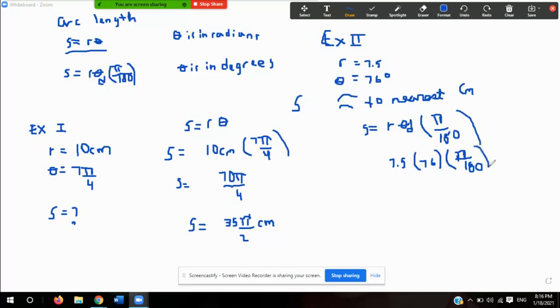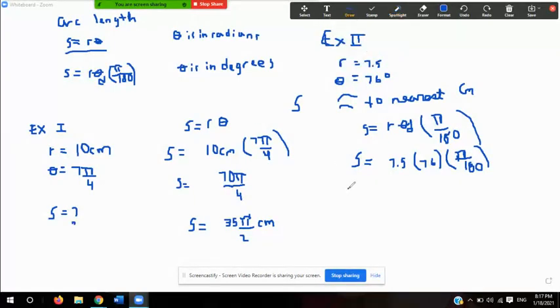So what we can do is multiply 76 times pi over 180 times 7.5.